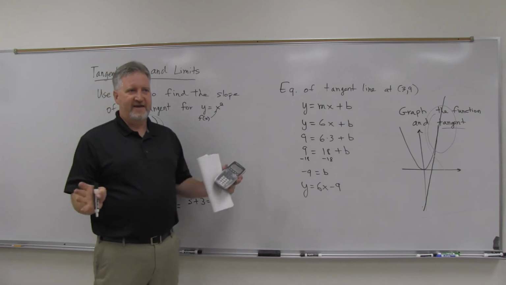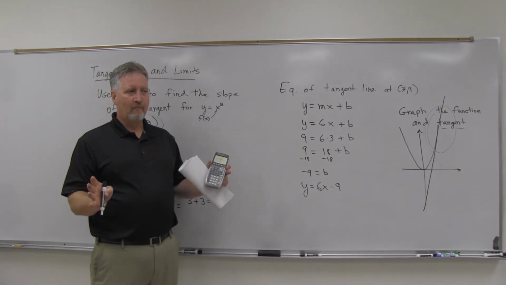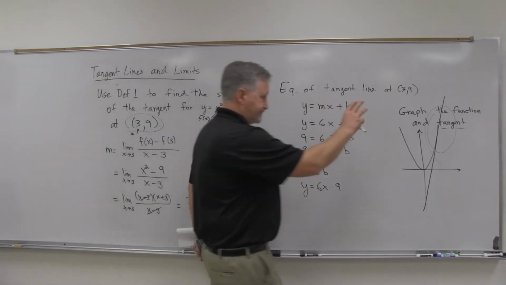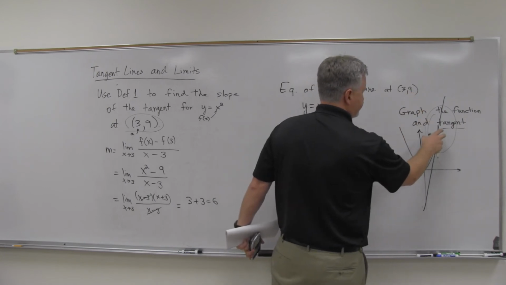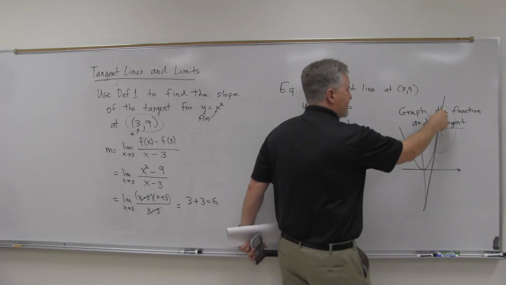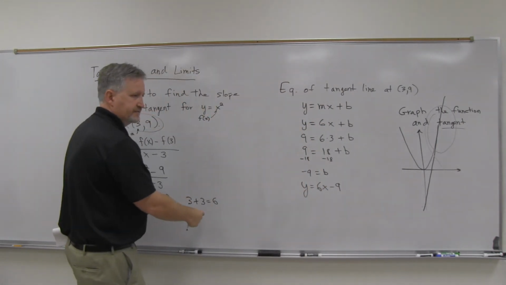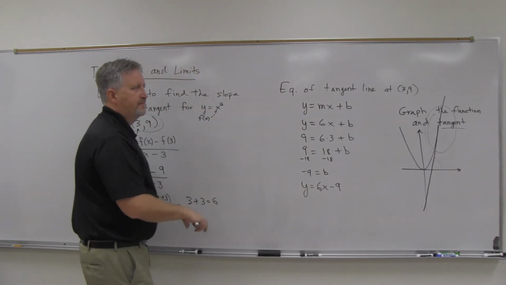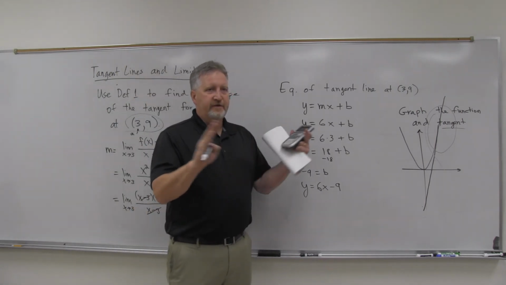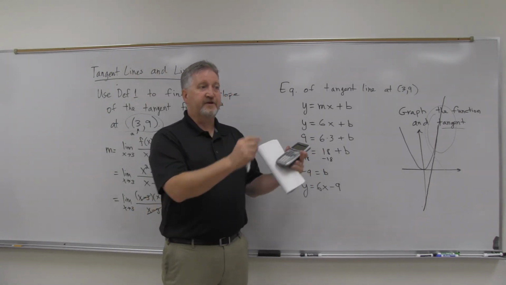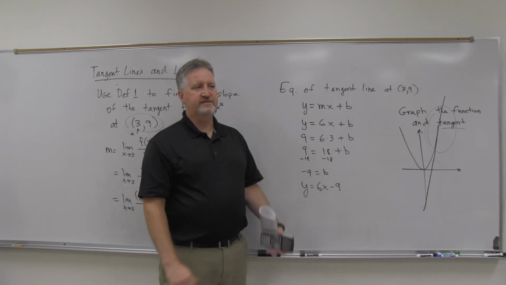Well, the point of all that is this, what we can say then is the slope is 6. That's the slope of the tangent line. But really what we could consider is the slope of the curve at 3, 9 is 6.